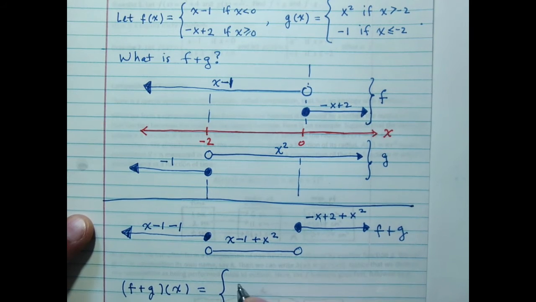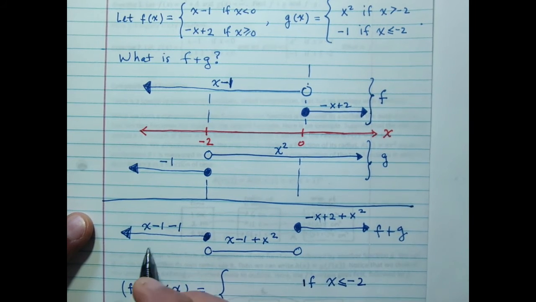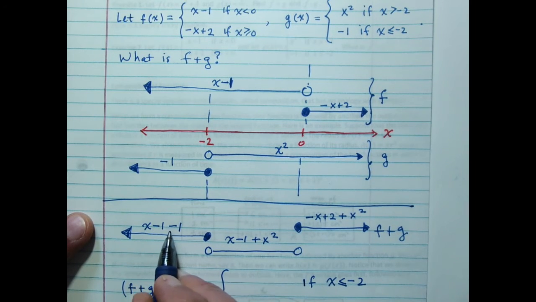There's going to be one piece for x less than or equal to -2: I'm going to write x minus 1 minus 1, that's x minus 2.